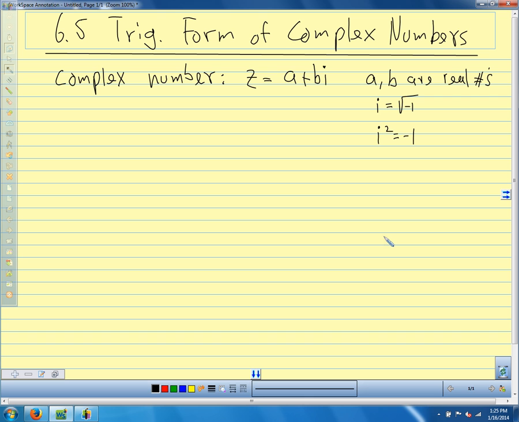Well, the connection that we're going to make between complex numbers and vectors is we're going to put these complex numbers on what we call the complex plane. So I'm going to draw a set of axes.